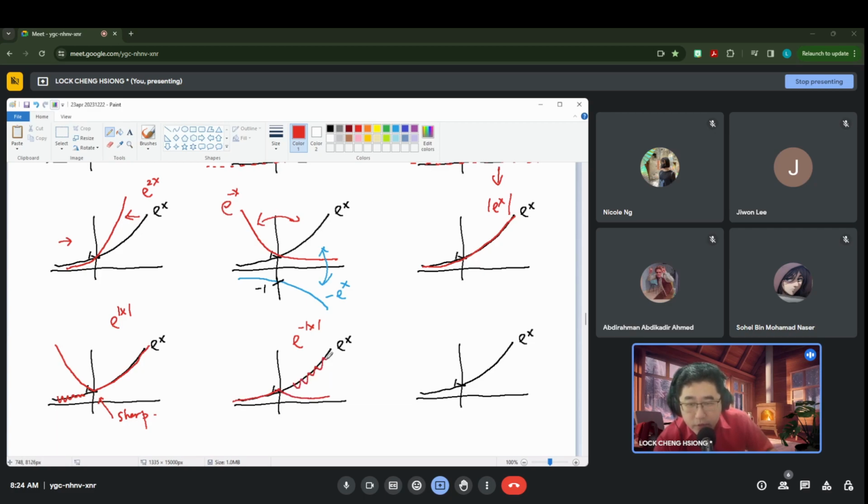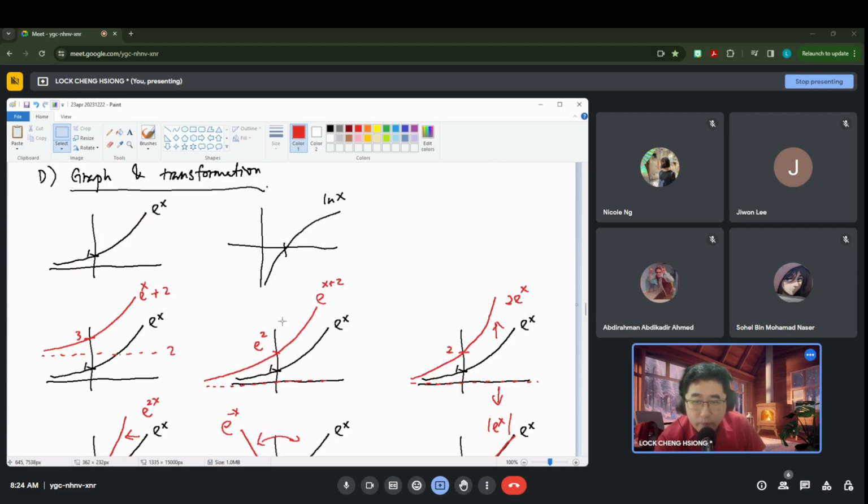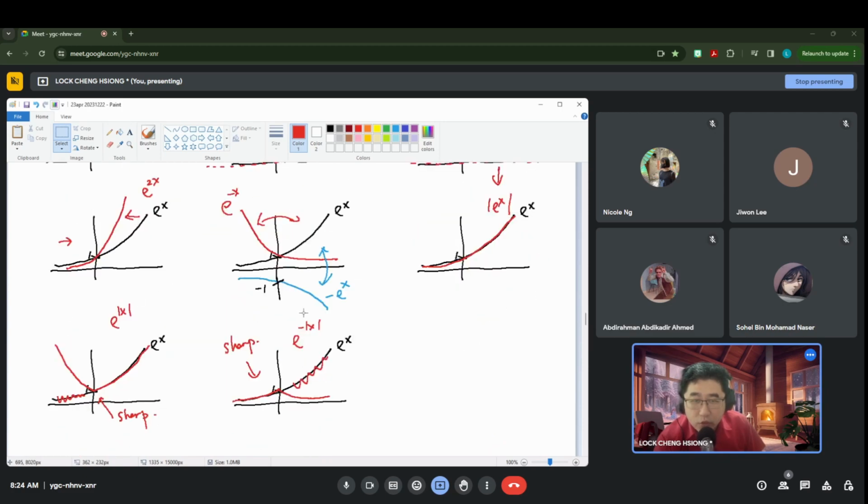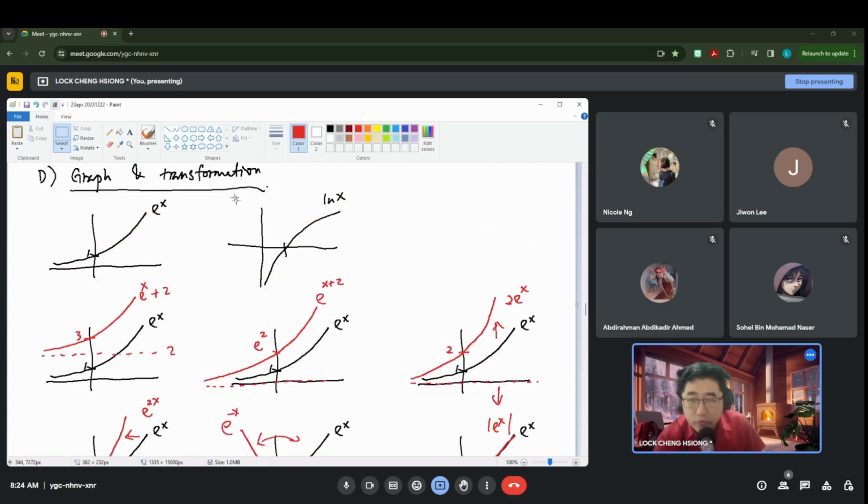This part will be erased. This part is sharp. So over here, there is something you need to be aware of from the basic transformations that you have done before.